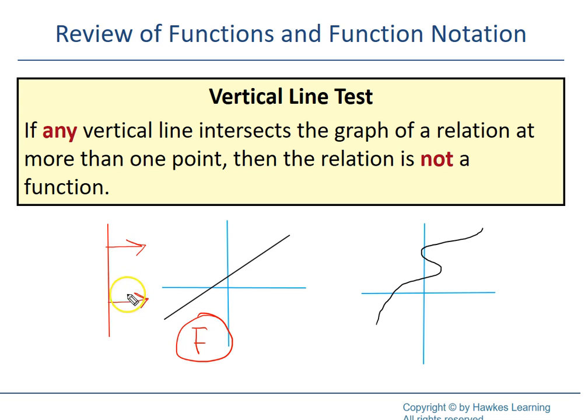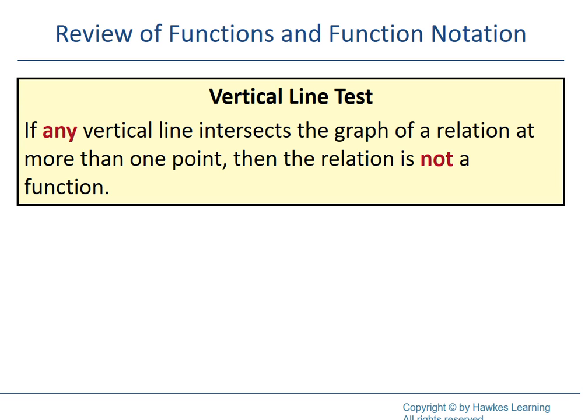Now, if we take that vertical line and pass it over this diagram, you see when it gets here, it's going to intersect in more than one place. So this is not a function. Okay? And that's what they're saying here. All right, well, let's continue a little bit. Let's see what they're going to bring us here.